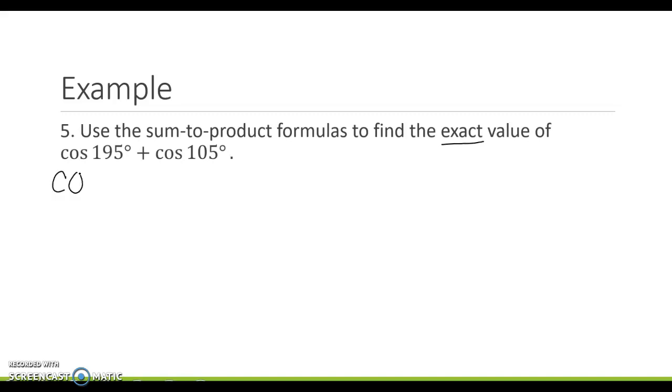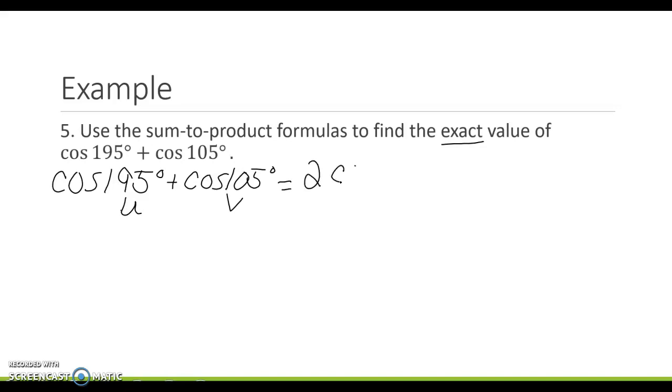So let's start by changing it using my identity to a product. So 195 is acting as U, 105 is acting as V. This one is using the third identity on that list.